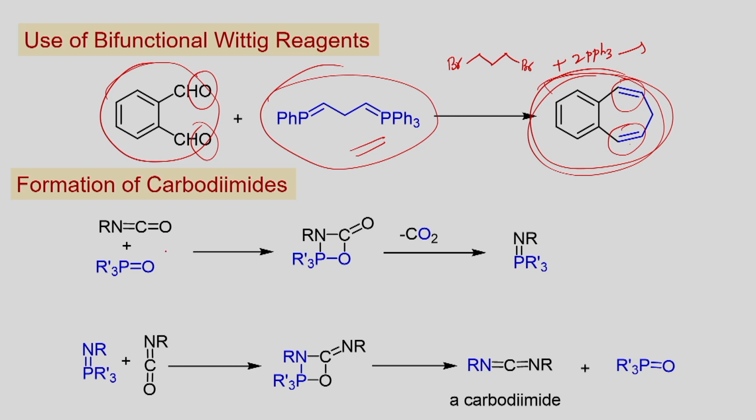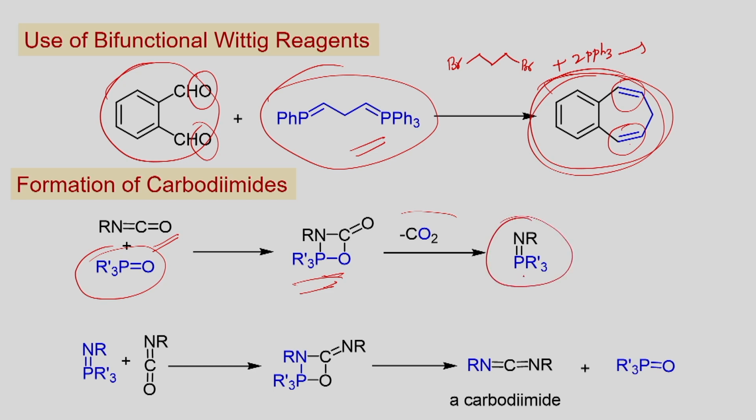Now let us look at the reaction of isocyanate with this phosphine oxide, which can undergo reaction as shown here. You will be able to form this intermediate. Once you form this intermediate, it can lose carbon dioxide to give this derivative.